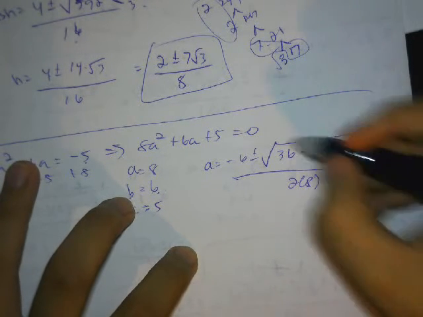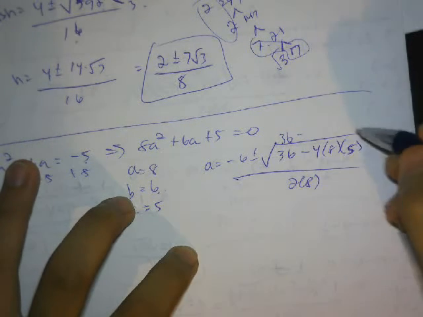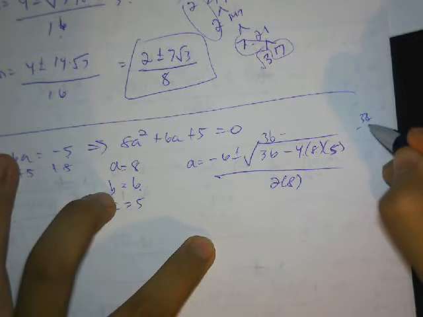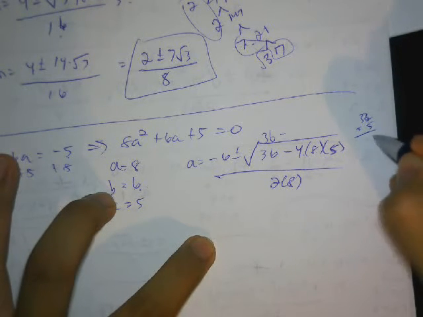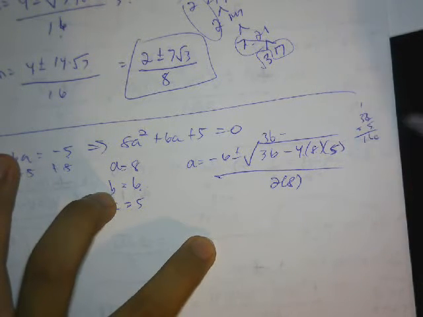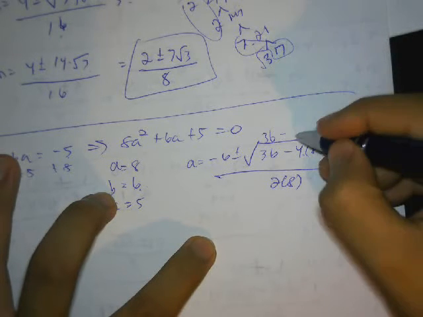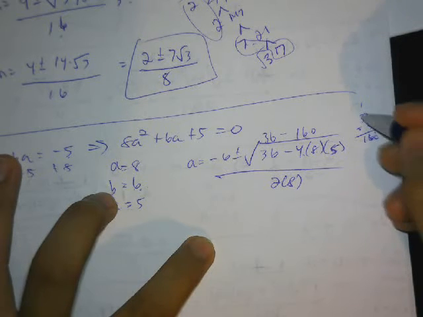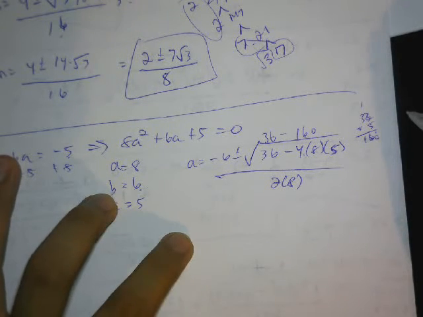Let's go ahead and reduce our radical here. 36 will stay as 36 minus 4 times 8 is 32. 32 times 5 is 160. Minus 160. Is that correct? Yes, it is.